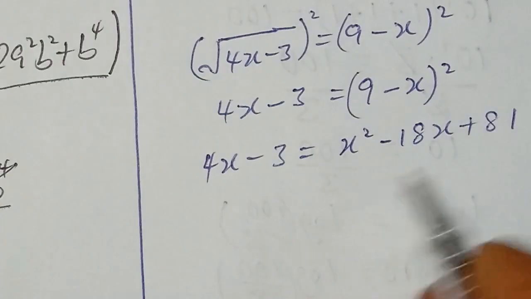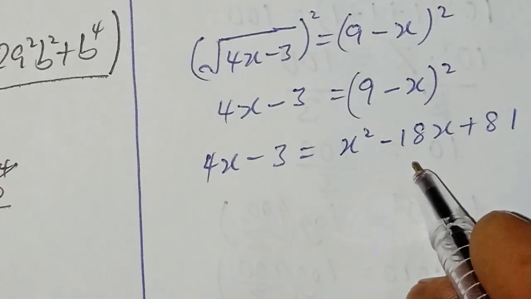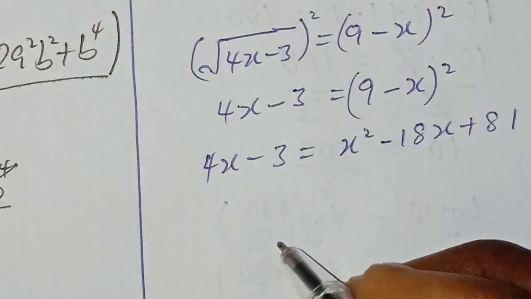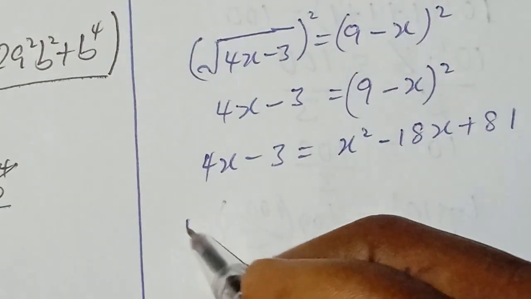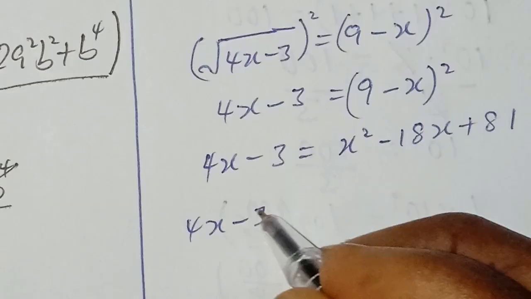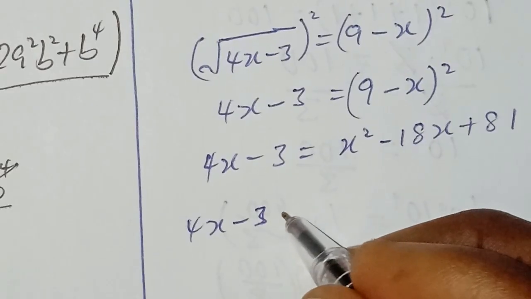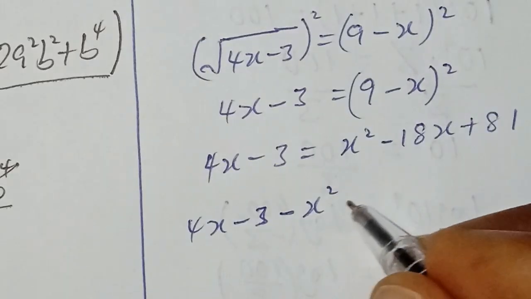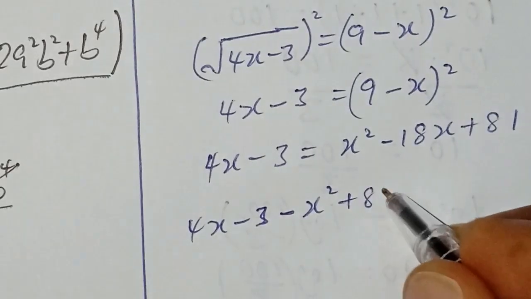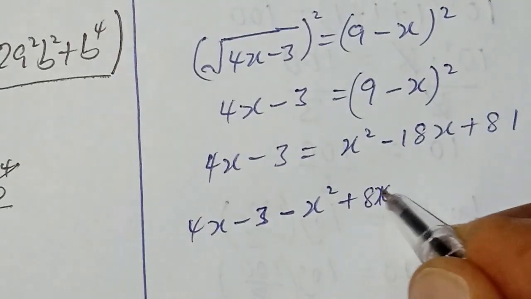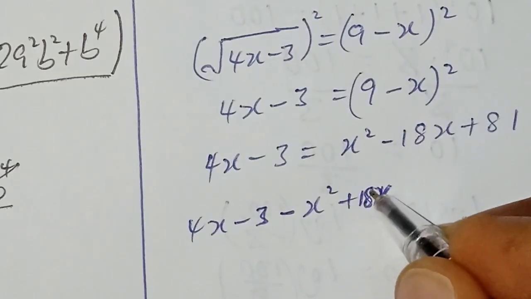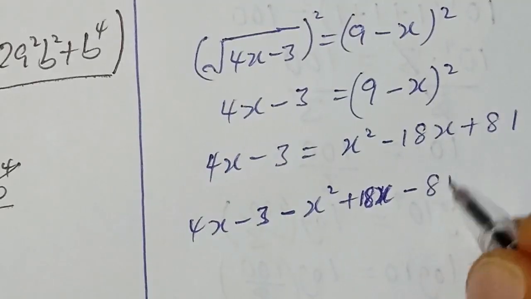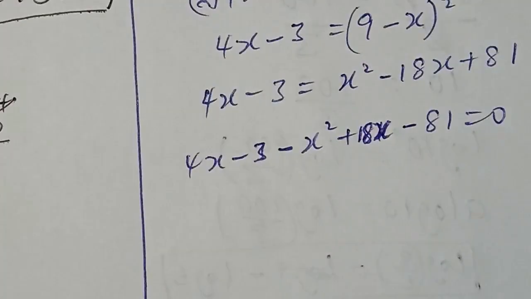From here, all the expression at the right hand side, we move it to the left hand side. So that gives us 4x minus 3 minus x squared plus 18x minus 81, all will be equal to 0.